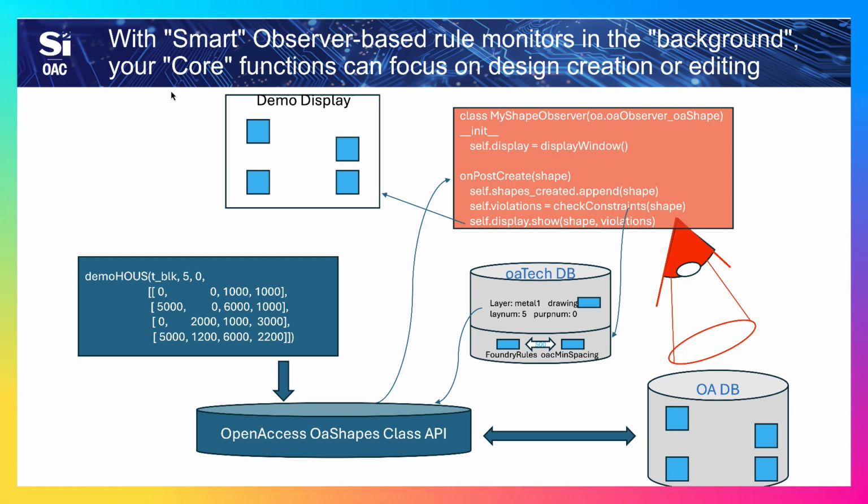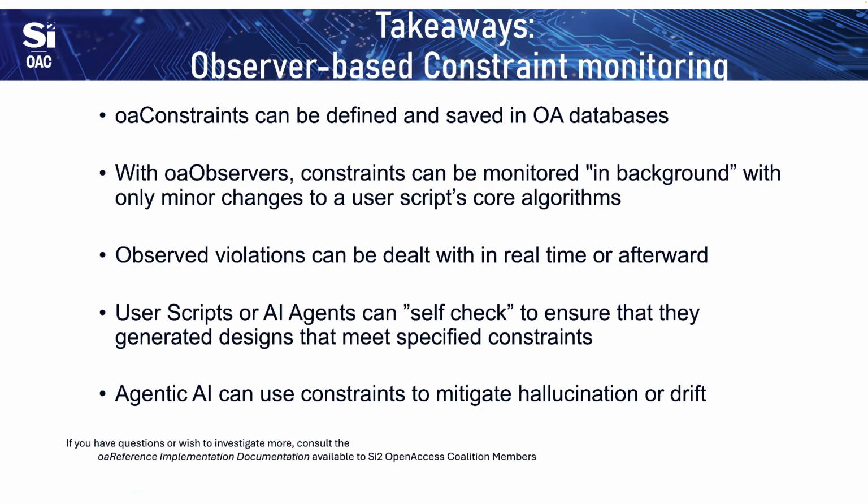Yet we added lots of functionality but hardly touched our core. So to quickly summarize, OA constraints can be defined and saved in an OA database. With observers, constraints could be monitored in the background with only minor changes to a user's script's core algorithms.